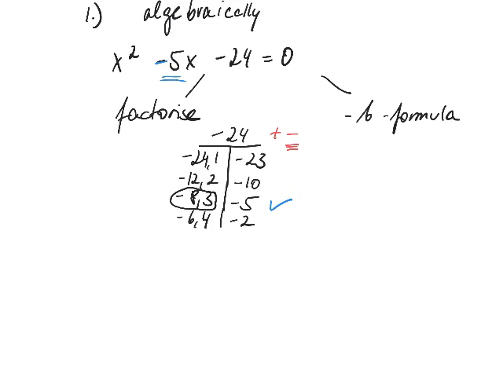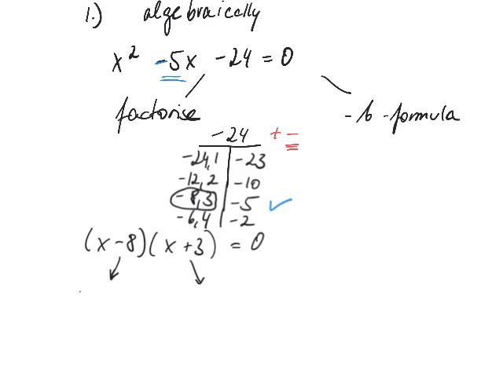So I can make my brackets now. I get x minus 8 times x plus 3, and this equals 0. So now we know that any number that you multiply by 0, the product is going to be 0 as well. So we can set either factor to 0 and the whole product will be 0.